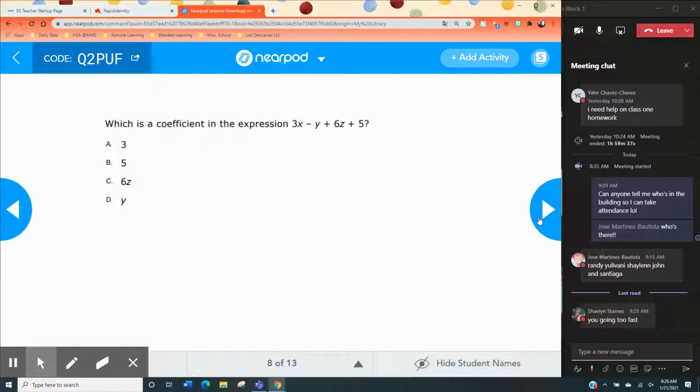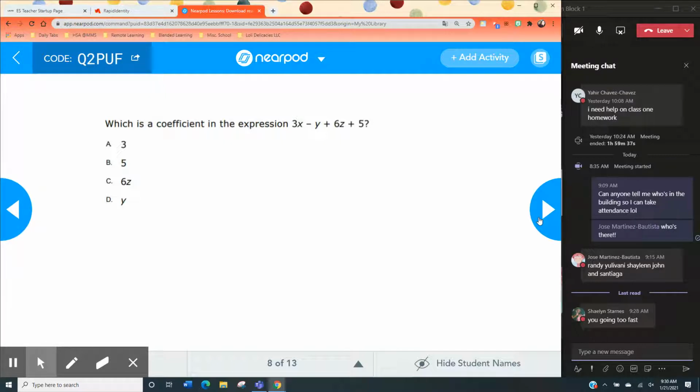So which is a coefficient in the expression? I'm going to write out the expression again, just so that I can put a box around the information that we need to know.